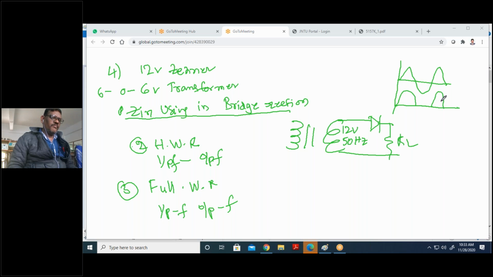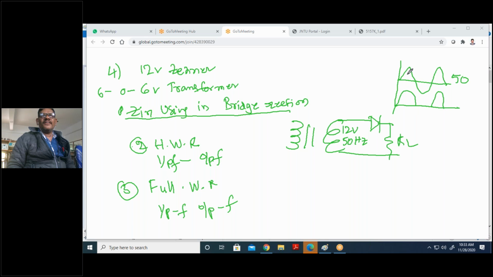Frequency definition. Rule number 18: number of cycles within 1 second. 50 hertz, so 50 cycles are completed. How many cycles here?